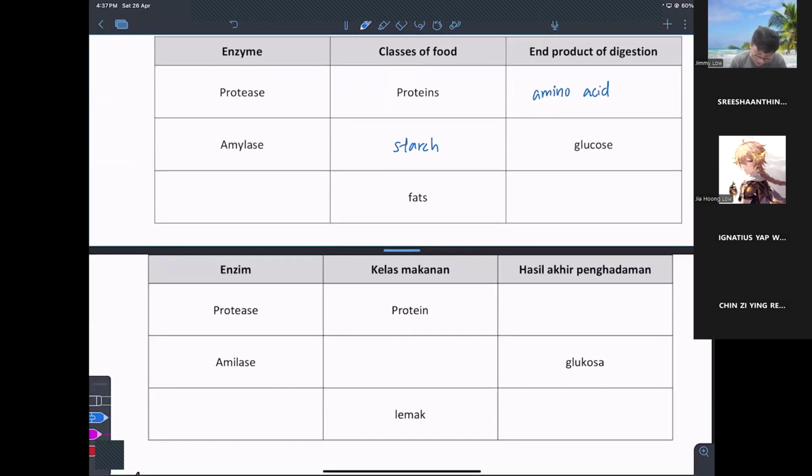Fats use what enzyme? You can say lipase. Okay, you cannot say bile lah. Bile is not the enzyme. The enzyme is lipase. Lipase will digest your fat droplets into fatty acid and glycerol. Alright, so asid lemak dan gliserol is also the same thing.